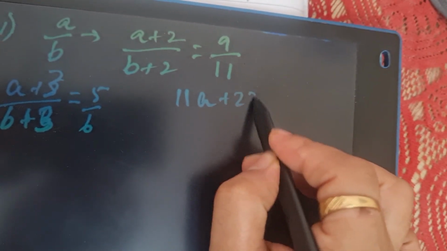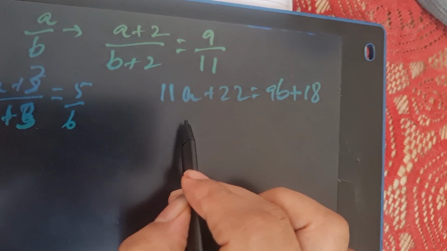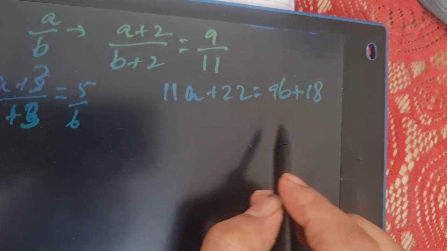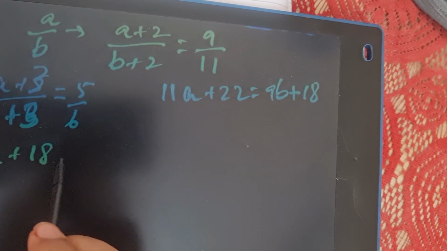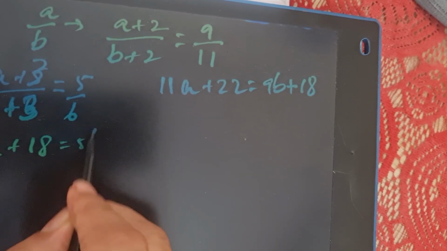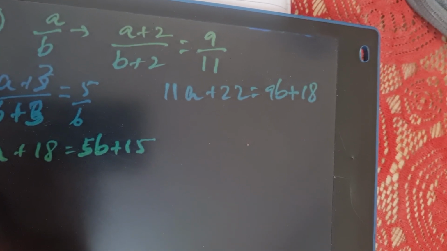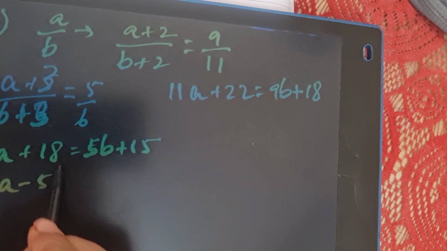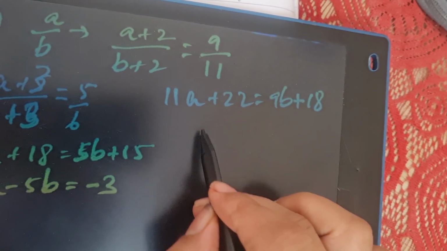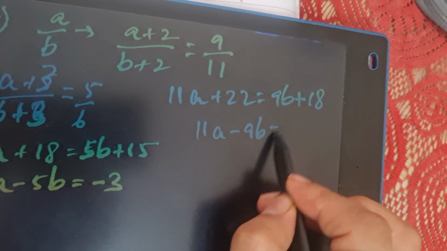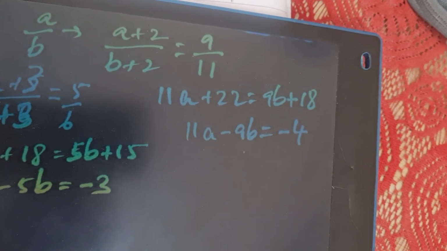So here we will have to solve these two equations. 11a plus 22 equals 9b plus 18, and 6a plus 18 is equal to 5b plus 15. So 6a minus 5b is equal to minus 3, and here 11a minus 9b is equal to minus 4.